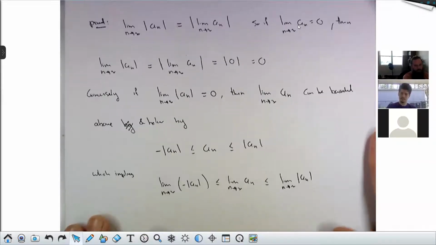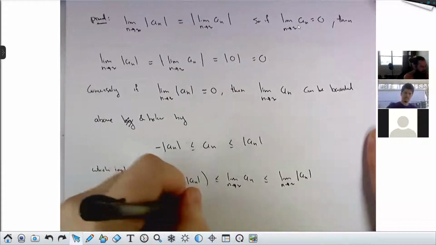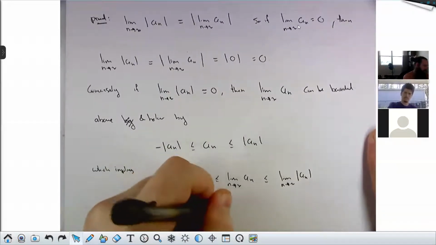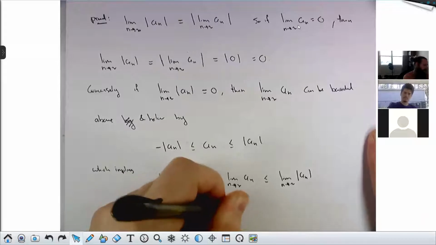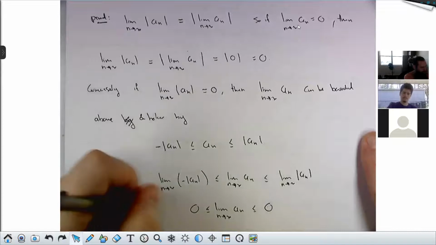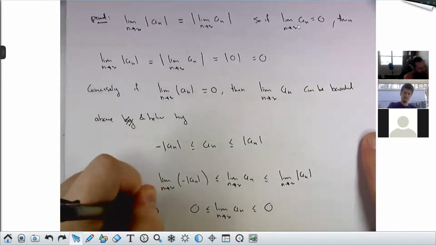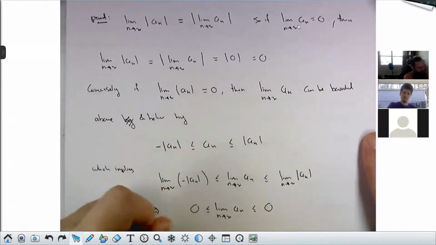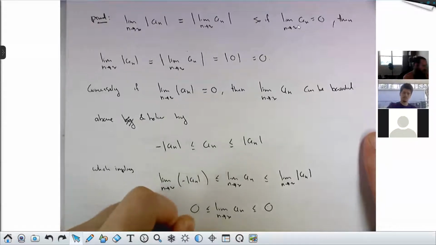And the outer two are going to 0. So this is 0 is less than or equal to the limit of a_n, which is less than or equal to 0. And that means that this has to be 0.